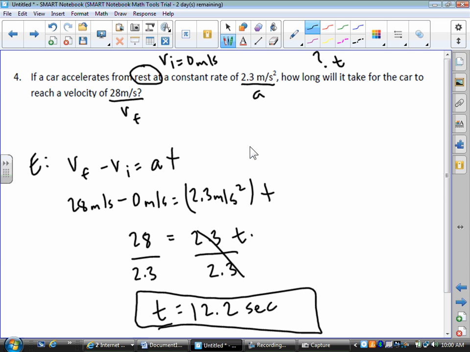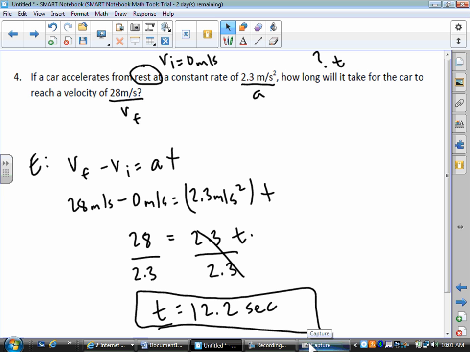Does anybody have any problems with this problem right here? There's going to be one that's very similar to this on the test, so you could have used a different formula and got the same answer. That's correct. In this case, you could have actually used 2 other formulas that are on that sheet, right? Exactly. It's not with all of them.